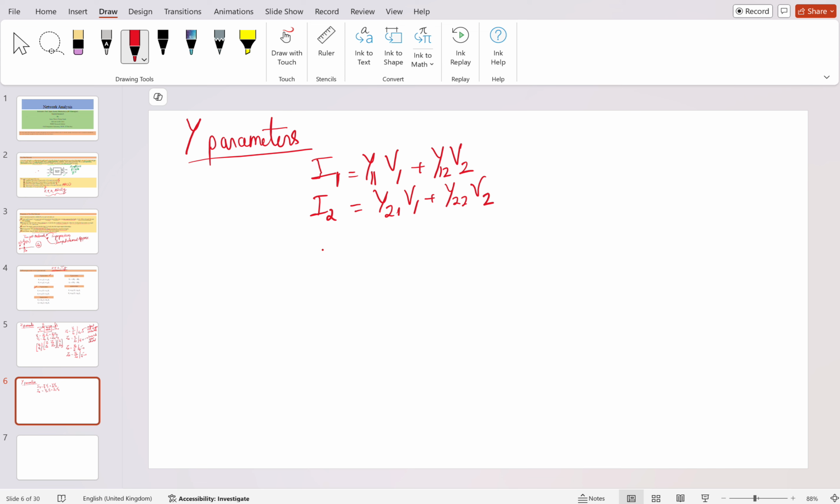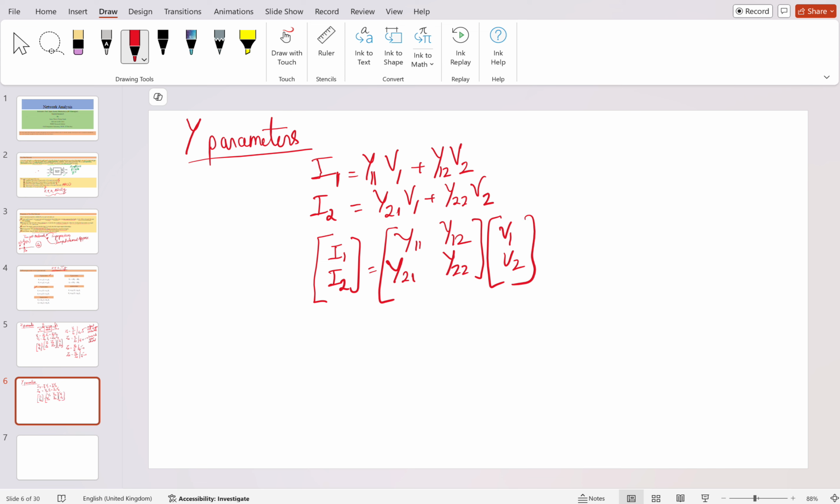If you want to write it in matrix form, I1, I2 is equal to Y11, Y12, Y21, and Y22 times V1 and V2.